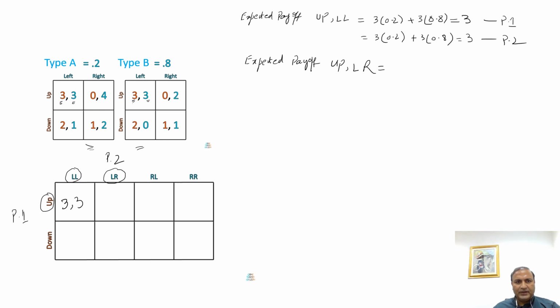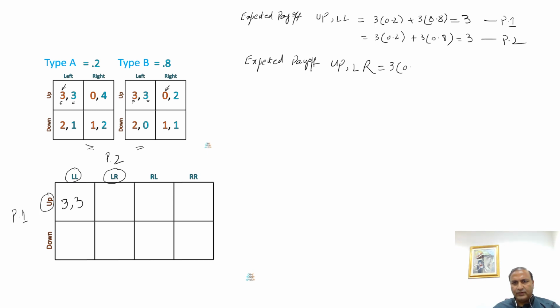Player number 1 is getting 3 for playing left, and then for right he is going to get 0. So this is if he plays up, and player 2 type A is playing L and type B is playing R, so it means he can get either 3 or he can get 0. So we can calculate the expected payoff.